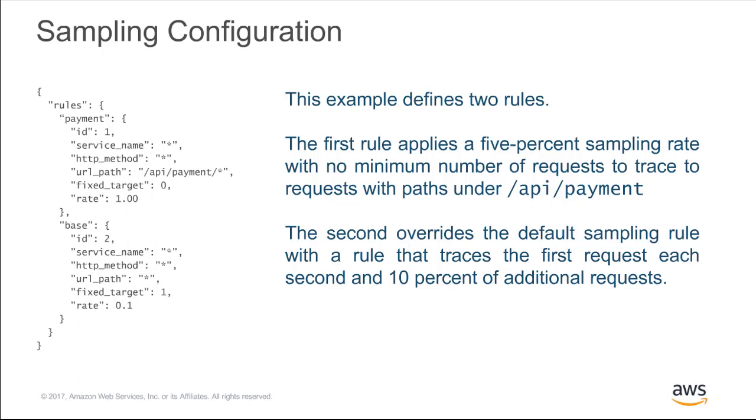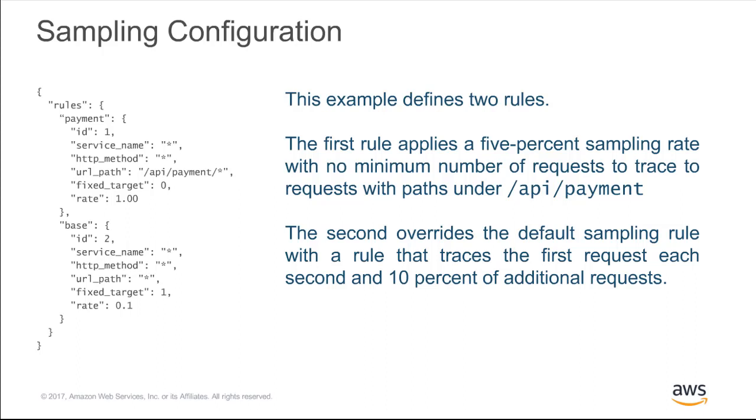All right, going back to the sampling configuration. So I mentioned previously that X-Ray enables a fairly rich capability to control sampling. What we have here is a very simple example of sampling rules. As you can see in the first set of rules, this is defining 2 rules, a default and then a specific sampling rule for my payments API.